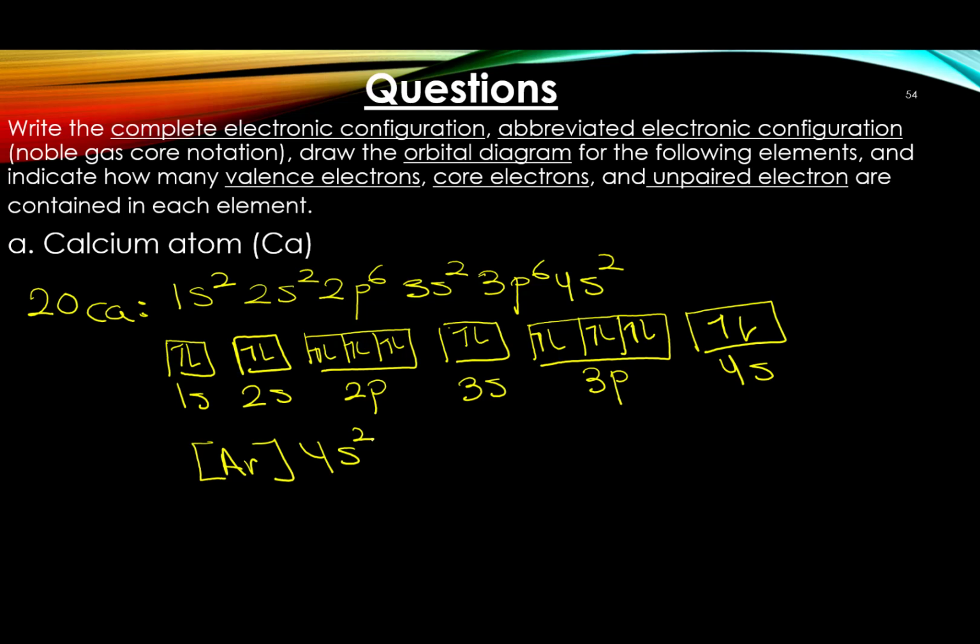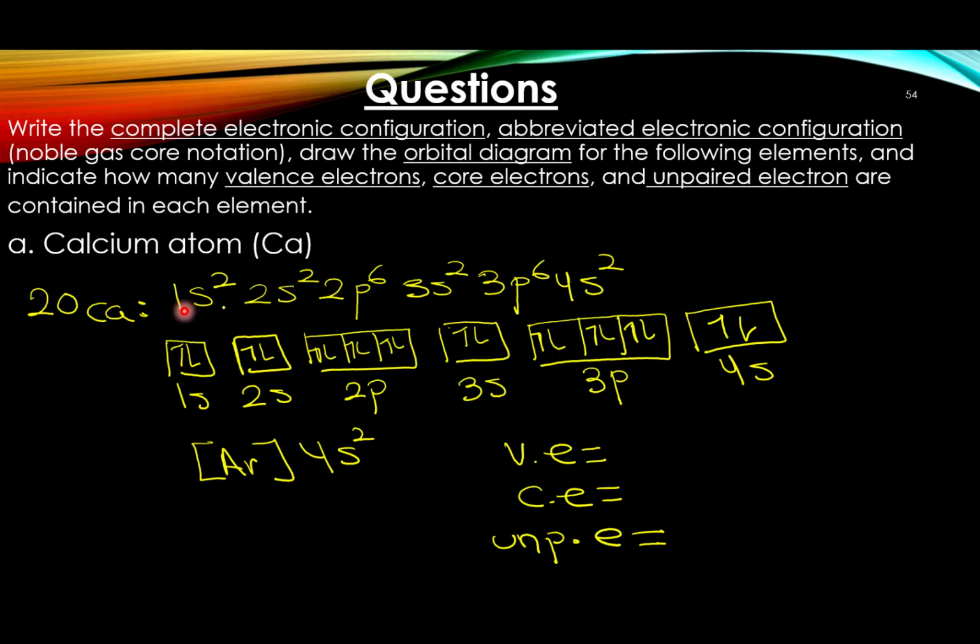All right, now we want to indicate how many valence electrons, core electrons, and unpaired electrons this atom has. For valence electrons, you have to look at the highest principal energy level.